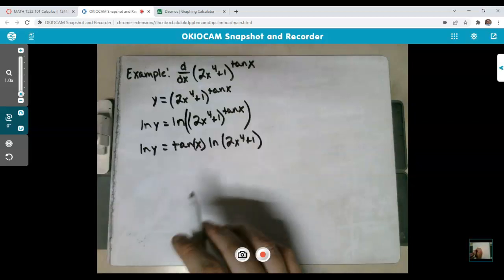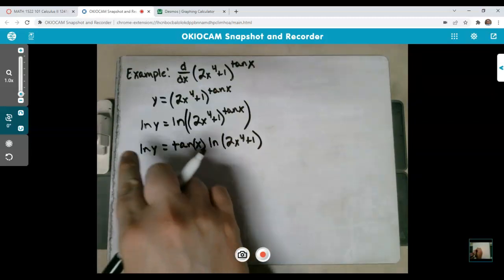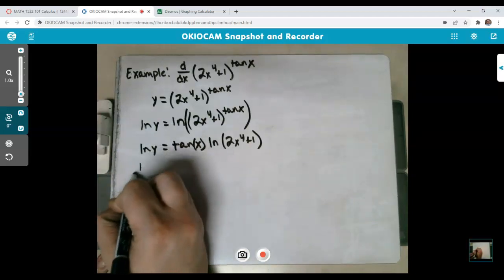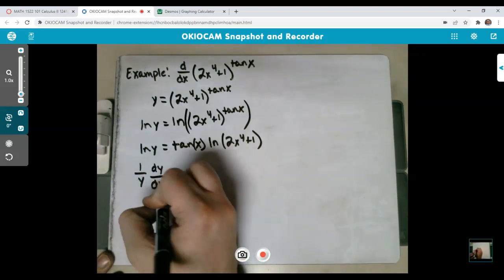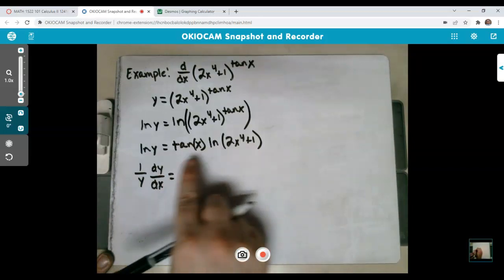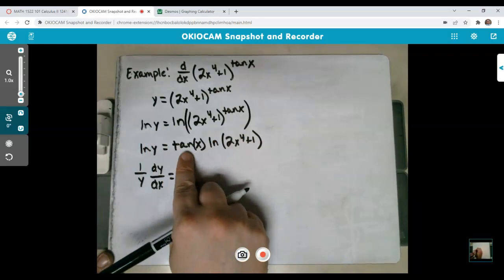So now that I have it turned into a product, I can use the product rule. Taking the derivative of the left side here, ln of y becomes 1 over y, but since it's a y, we have to put dy dx equals, this is a product, and so then I'm going to use the product rule. Do the first part. The derivative of tangent is secant squared.